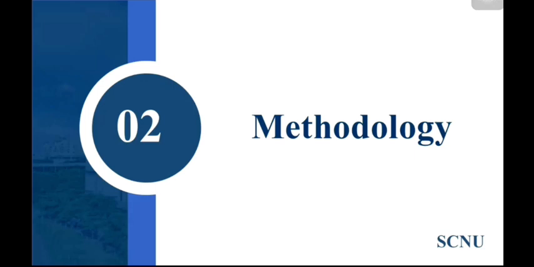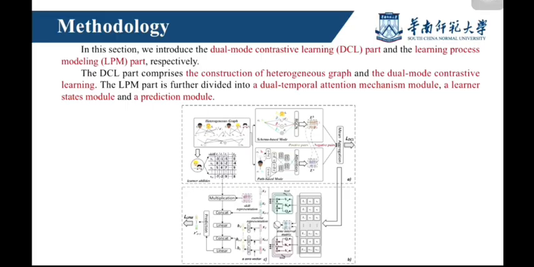Now, I will present the methodology section of DEKT. The structure of DEKT is divided into dual-mode contrastive learning part and the learning process modeling part, which are shown as the upper and lower parts in the figure.